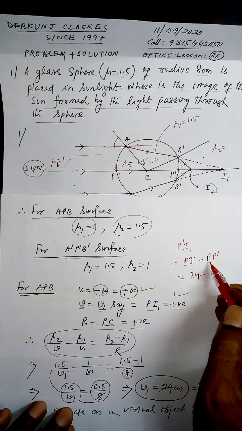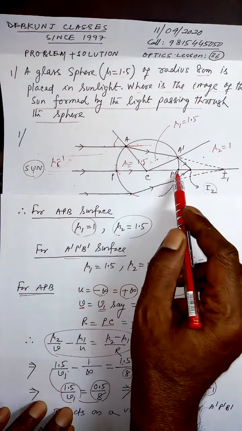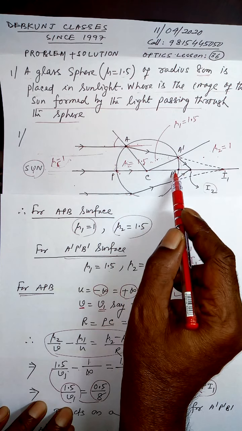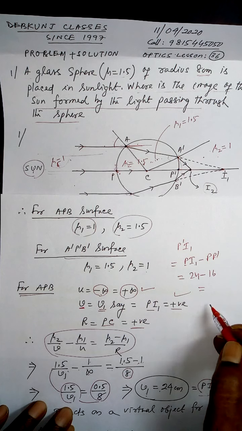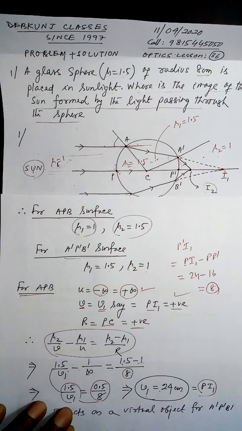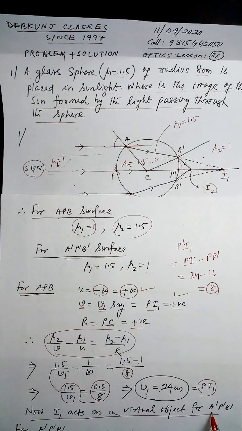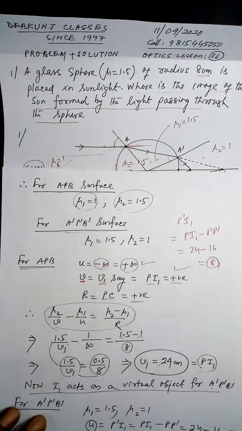So 24 minus, P P dash is nothing but twice the radius, 8 plus 8, that is 16. So that comes out to be 8. Now I1 acts as a virtual object for A dash P dash B dash.